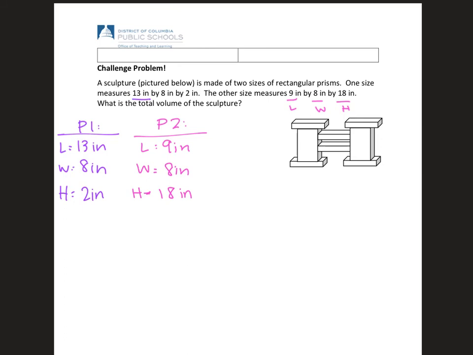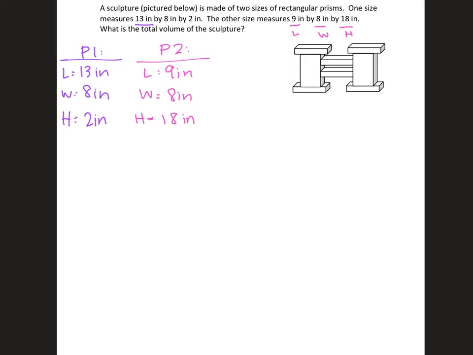Okay. So now I'm going to find the volume of the individual prisms, just like we did before. So volume 1 is going to be 13 inches times 8 inches times 2 inches. Okay, 13 inches times 8 inches. We'll go over here. 3 times 8 is 24. 8 times 1 is 8 plus 2, 9, 10.